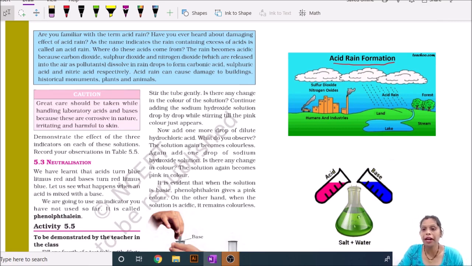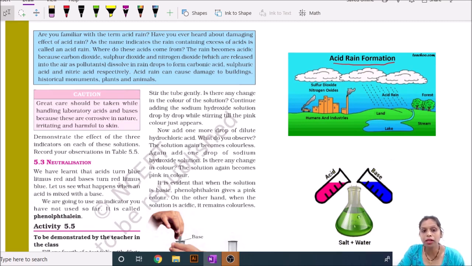You know that day by day our air is polluted. That's why carbon dioxide, sulfur dioxide and nitrogen dioxide are released into the air by pollution.